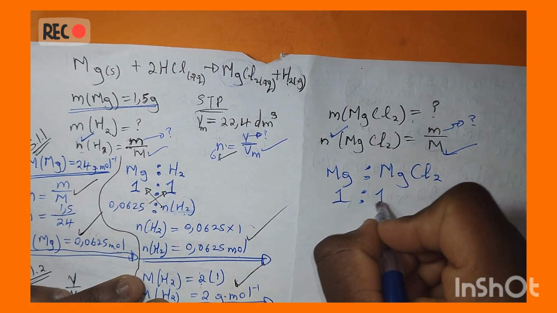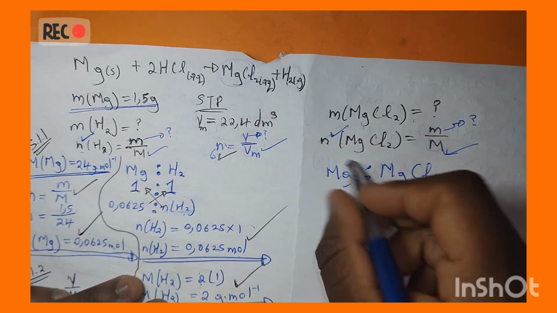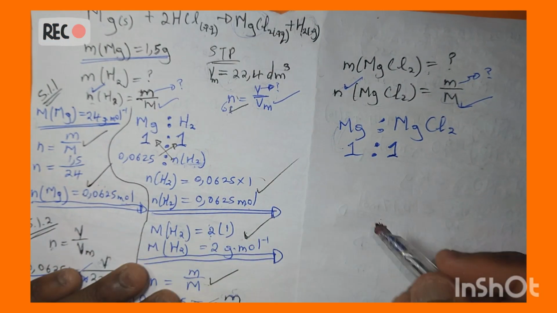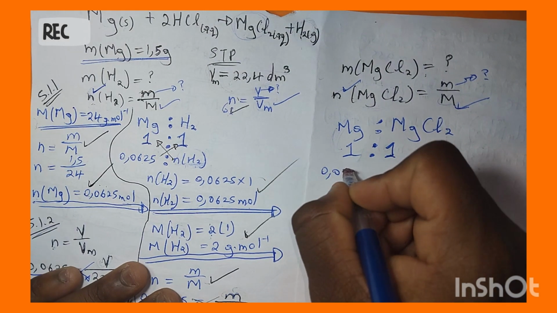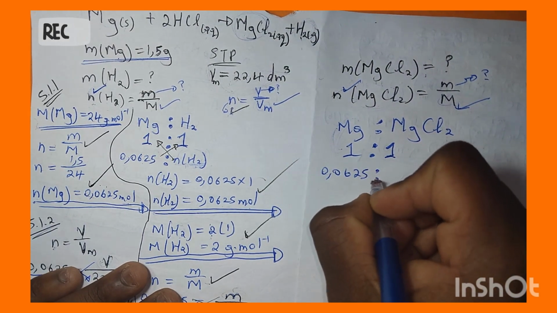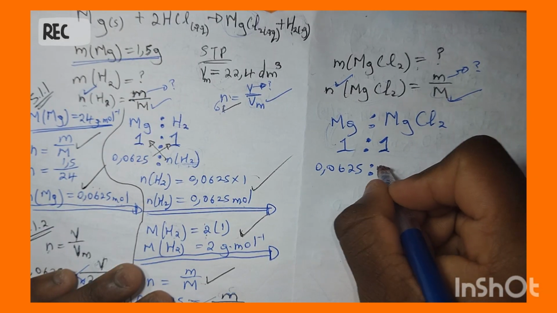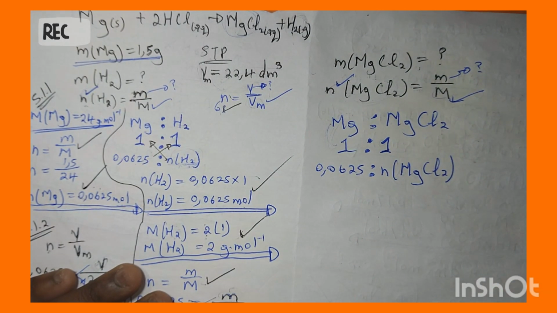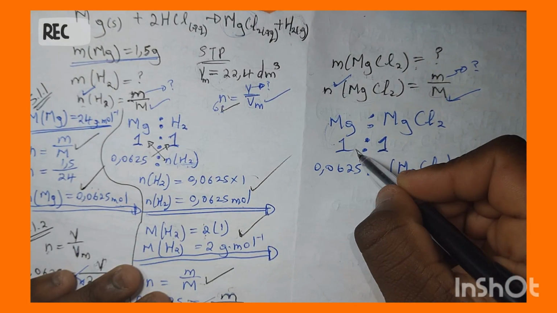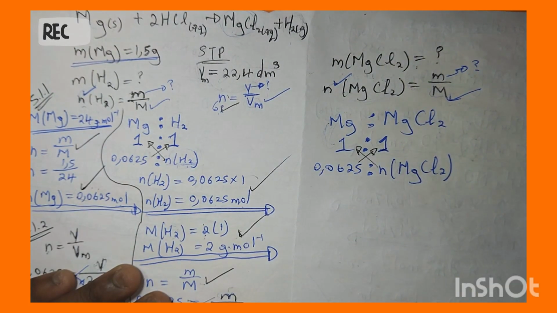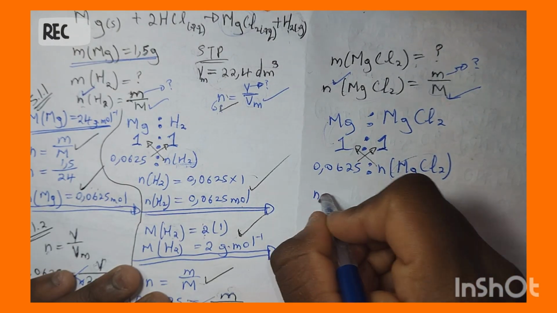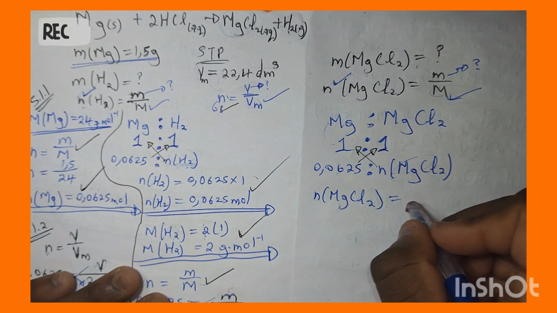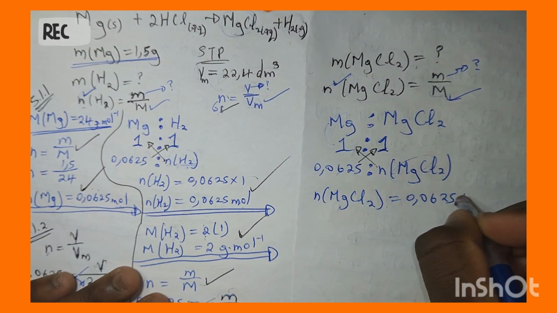Because I know the moles of this thing, which is 0.0625, the other one is what I want to solve the moles for. So I will cross multiply: this multiplied with that one, which is MgCl2, and this is 0.0625 multiplied by 1.